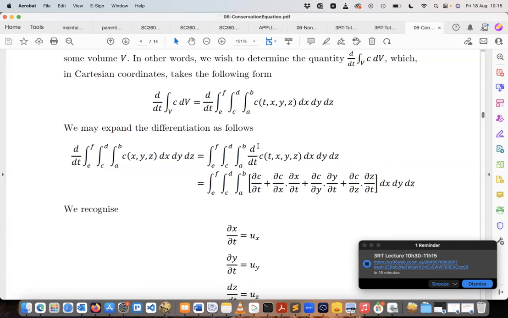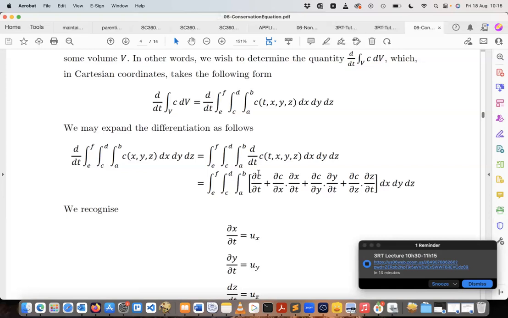Then the change we are talking about here could also be expressed due to changes in the x direction. The way to do that, of course, is by differentiating dc/dx and then dx/dt. So if we have changes in the x direction of our field, then that will also be observed in this way. And we have to do that for y and z also.